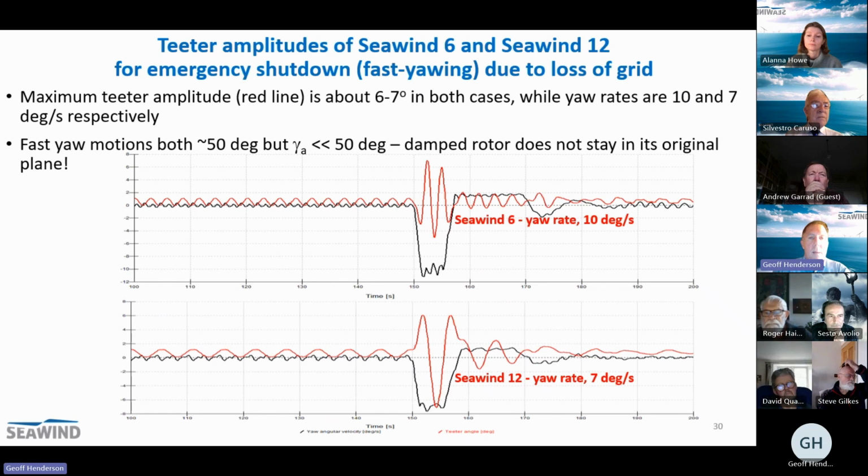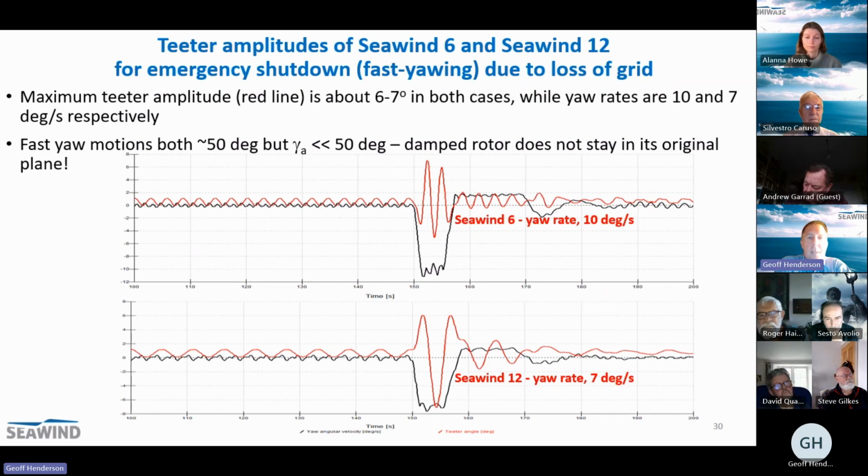Yawing is a little bit more complicated because the mass of the rotor does come into it. This time series illustrates that, for example, of an emergency shutdown in our simulations of the C16 and C112, you've got a period of fast yawing in both cases, different yaw rates, 10 degrees a second, 7 degrees a second.